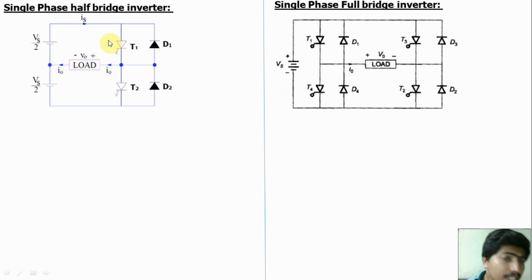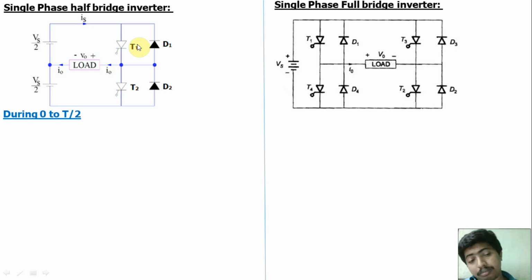Here the switches T1 and T2 change position from on to off and off to on alternately for a fixed duration of time. During 0 to T/2, half of the fundamental period, T1 is triggered externally using a microcontroller or microprocessor.